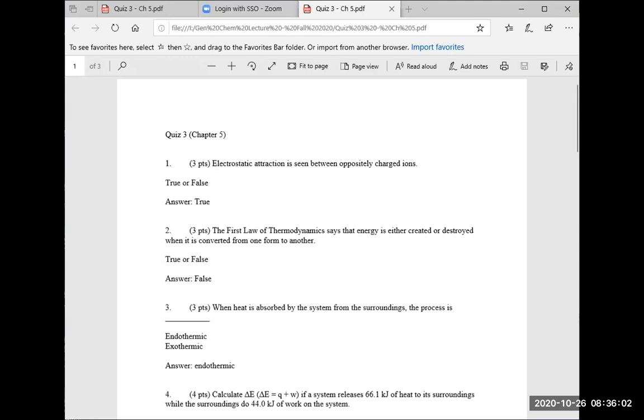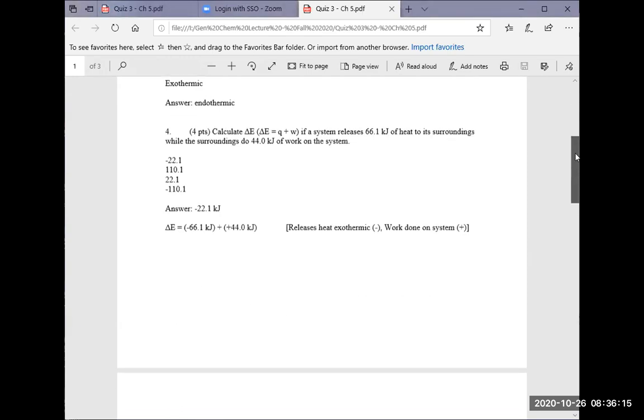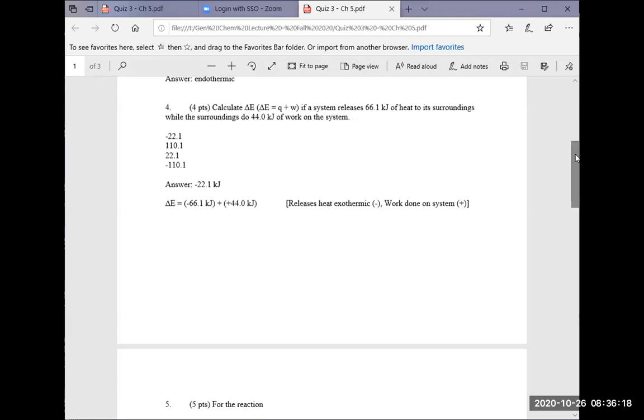Then we had a few calculation type problems. So in number 4, you needed to calculate delta E, and you were given the formula that delta E equals heat plus work. Calculate delta E if a system releases 66.1 kilojoules of heat to its surroundings, while the surroundings do 44 kilojoules of work on the system.